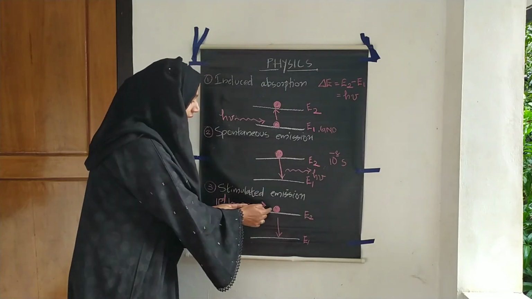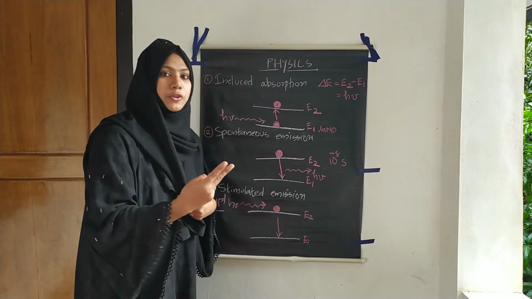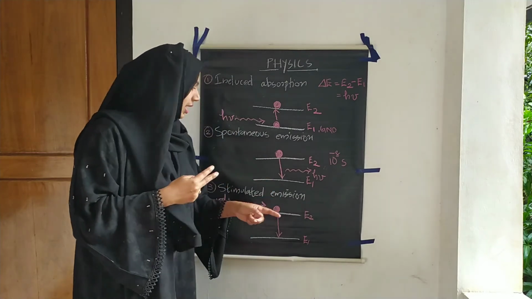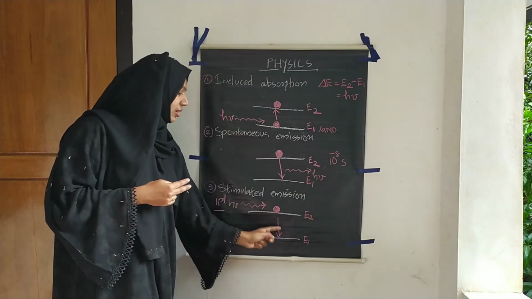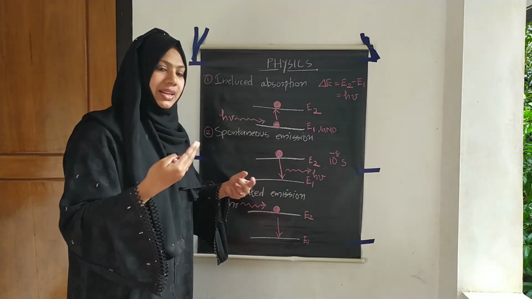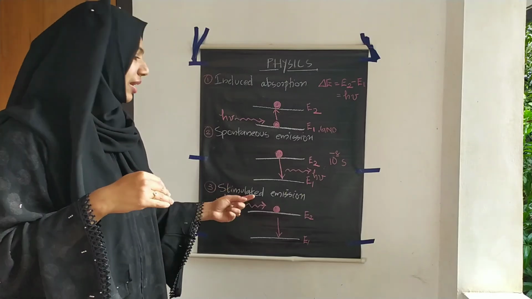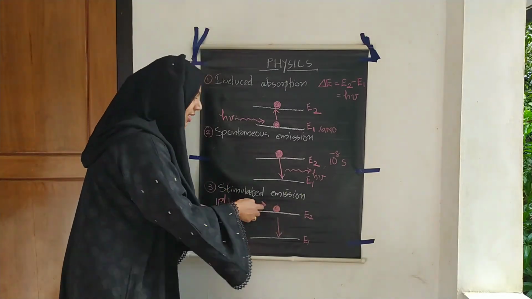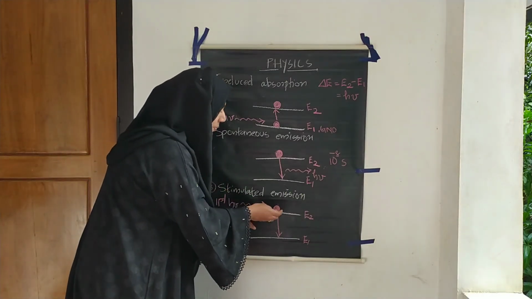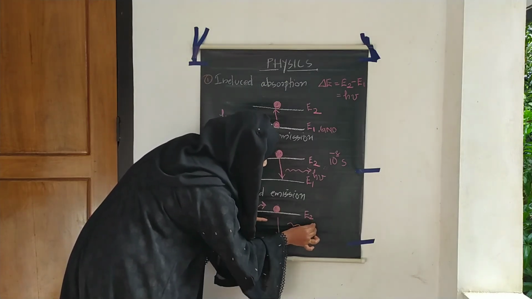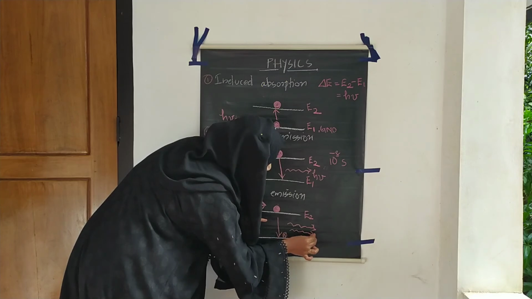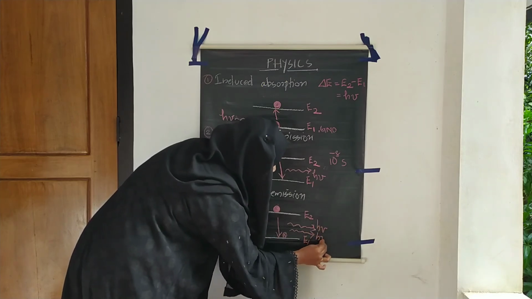Then what happens? There are two photons, each of energy h nu. One is the photon that was given to excite it to the high energy level, and the second is the one we have given while it is in the excited state. While this atom jumps to its ground state, it releases two photons of energy h nu.